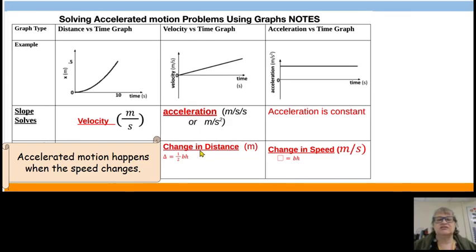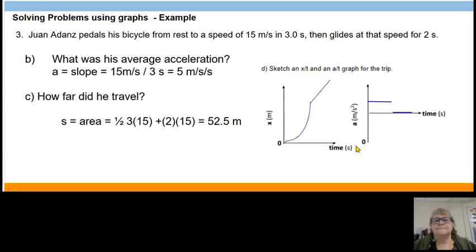Change in distance is still the area under the graph. It's just now we have a triangle. Okay. Your acceleration is constant, so it's going to be a horizontal line wherever the acceleration happens to fall. And then the area under that graph gives us the change in speed. Okay. All right.